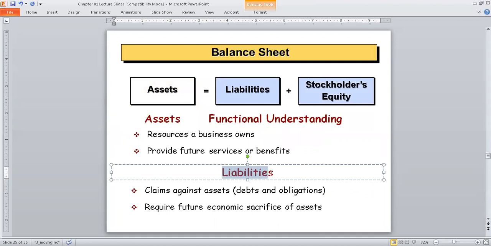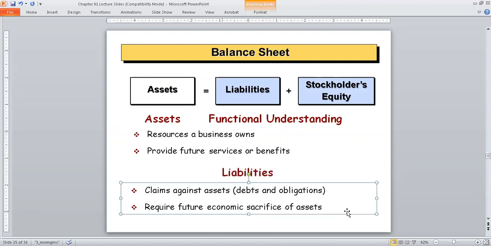Liabilities also represent the future. A liability is a future sacrifice that the business will have to make because of a contract that it entered into in the past.